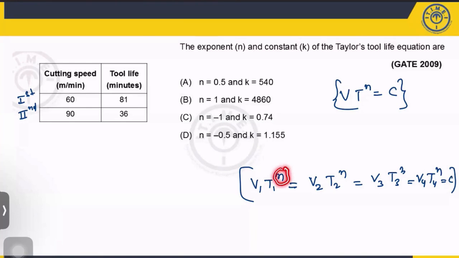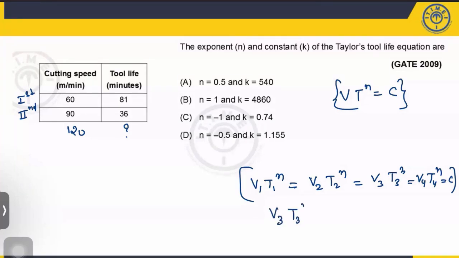Once you know the n value and C value, this is equal to C only, no? Now, the third condition is, let us suppose the cutting speed, I am increasing to 120. So I can ask you what is the Taylor tool life? How will you calculate? Once you know the n and C value, can I write like this?